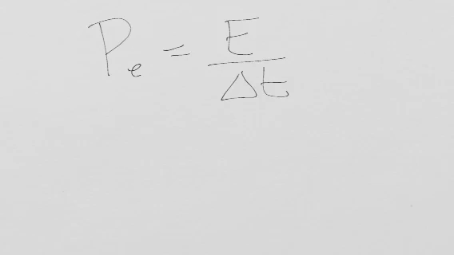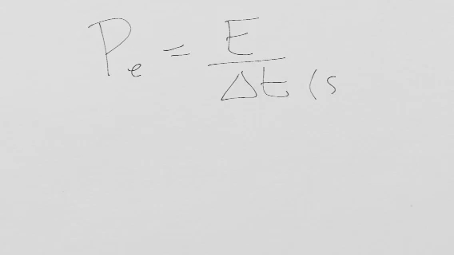When we look at this formula, it is telling us that the electrical power of an appliance is nothing more than the amount of energy that it's able to transform in a second, or in a unit of time. In this case, time is going to be measured in what?